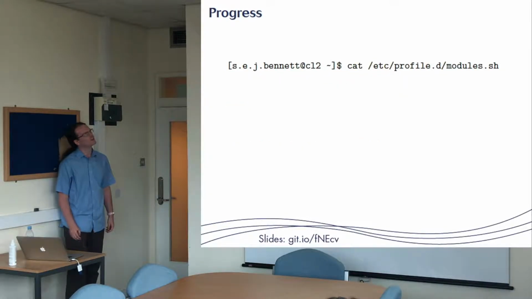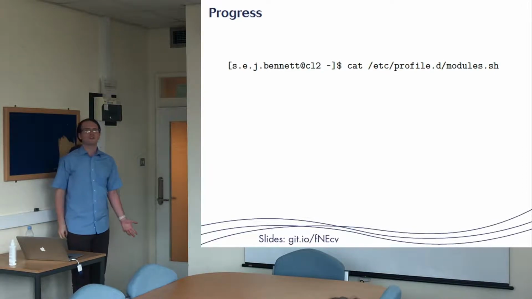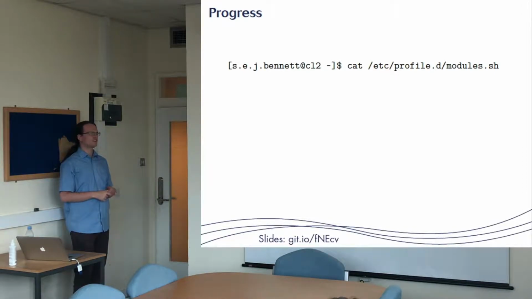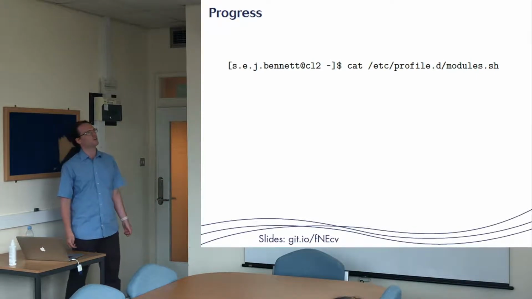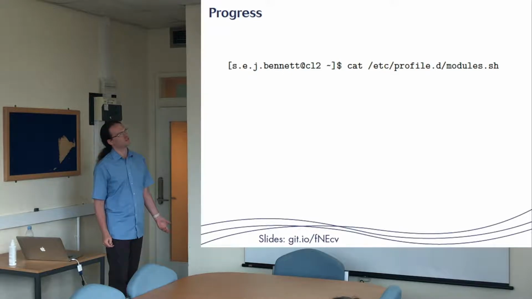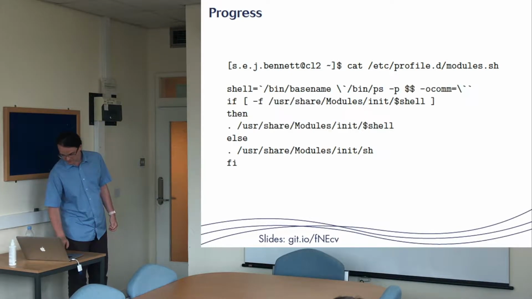So some progress. If something's not an alias and not an executable, something must be being set on login to tell the system to activate this command, whatever it is. So we look in /etc/profile.d, we find something related to modules. Okay, this is promising.